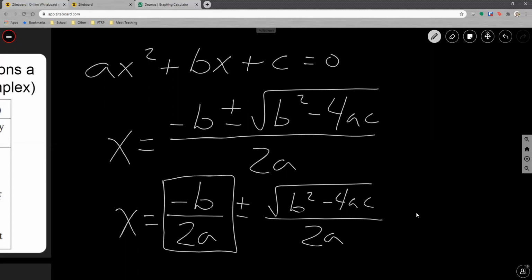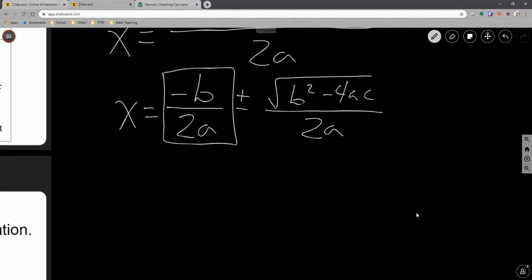Negative b over 2a. That is something familiar to us. This right here is our axis of symmetry from chapter 2. If I want to find the axis of symmetry on any quadratic in standard form, I can plug in negative b over 2a and I can find that.